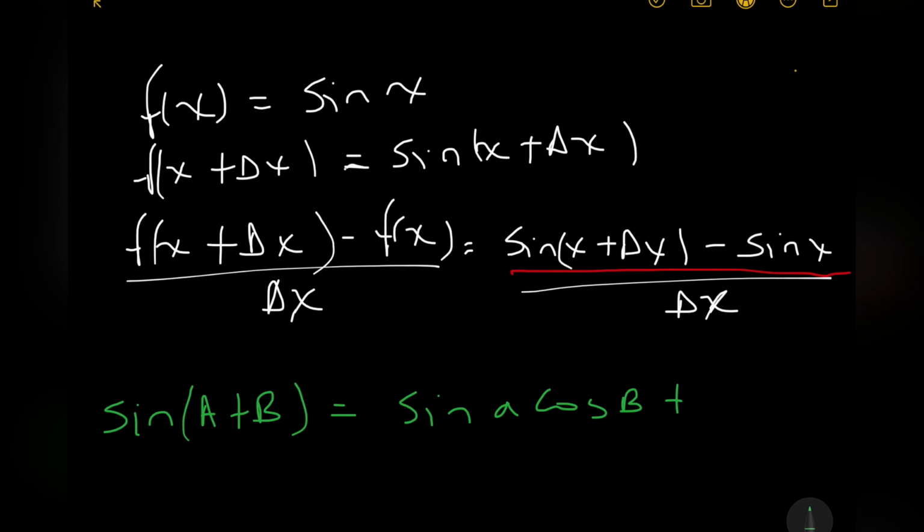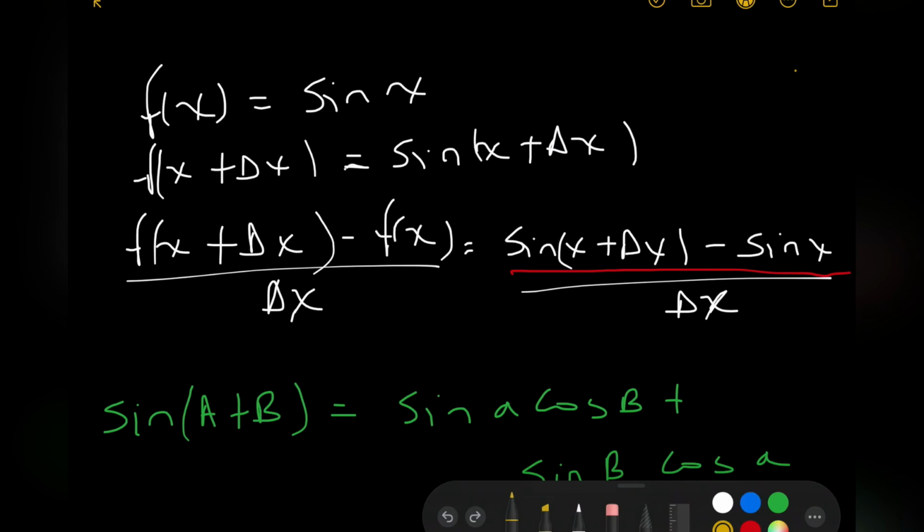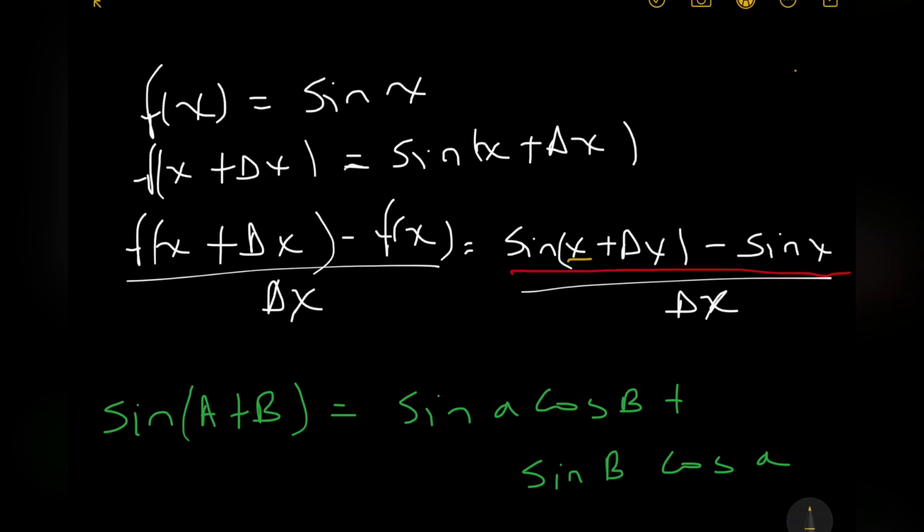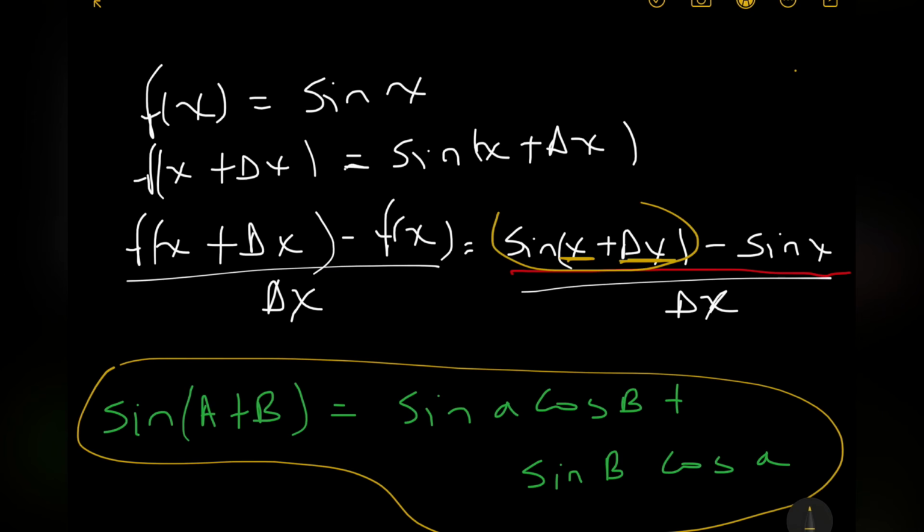sine A cos B plus sine B cos A. In our example, this would be our A and this would be our B. So we are going to apply this to this section of the numerator. So let's do that.